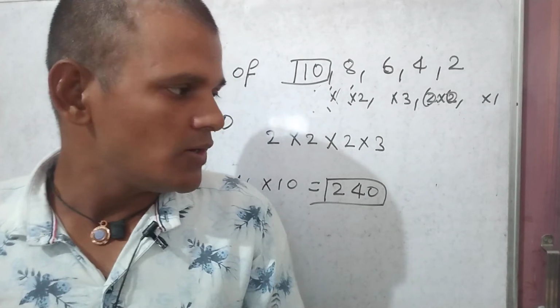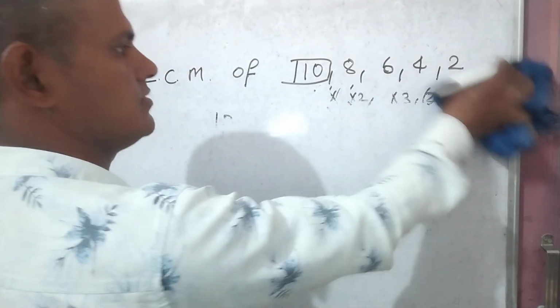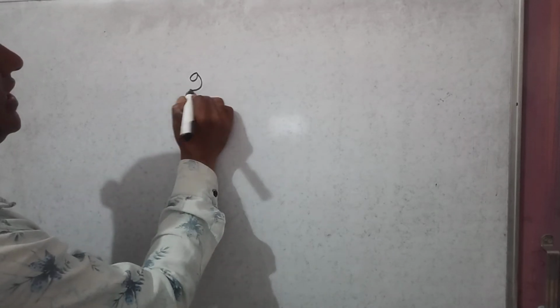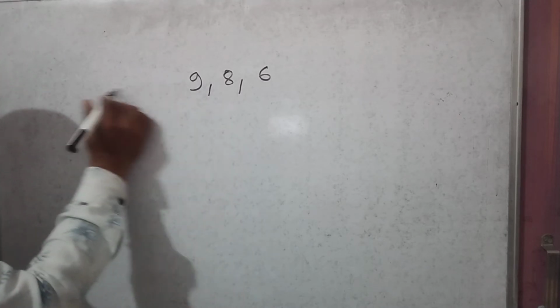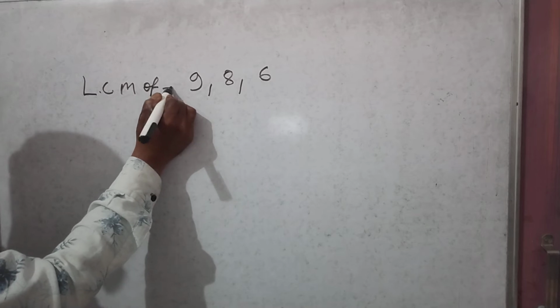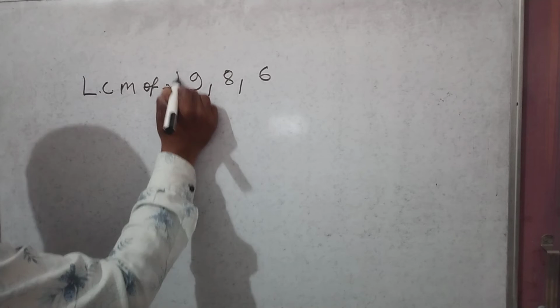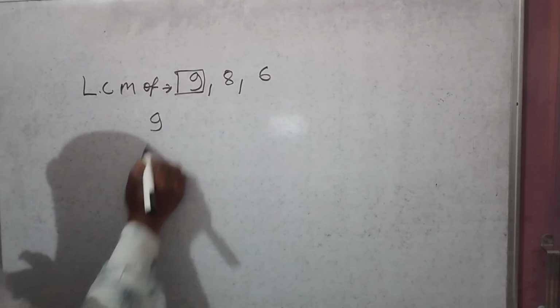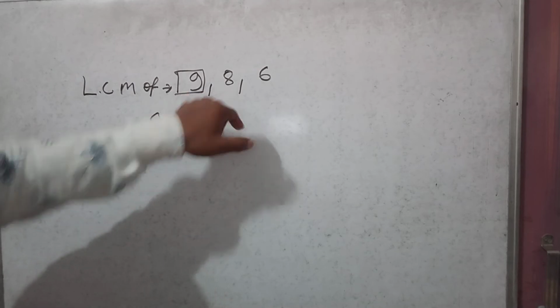For better understanding, look at the next numbers: 9, 8, 6. LCM of these numbers. The biggest number is 9. 9 is not divisible by 8.